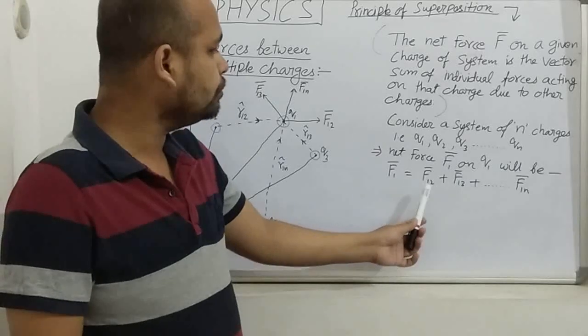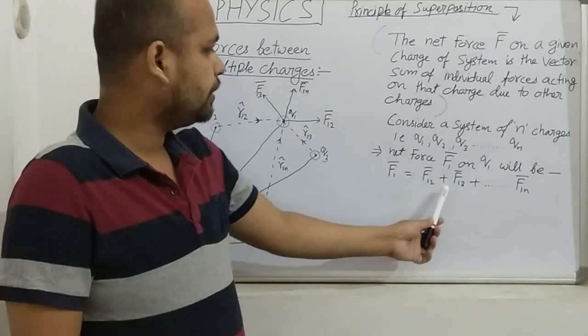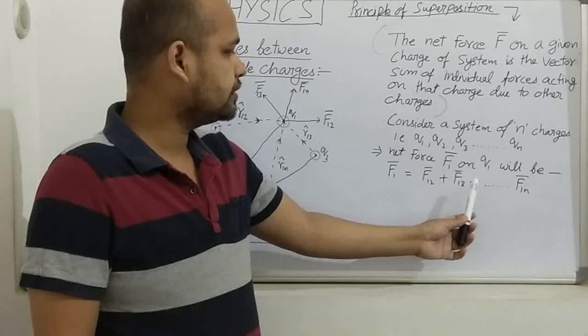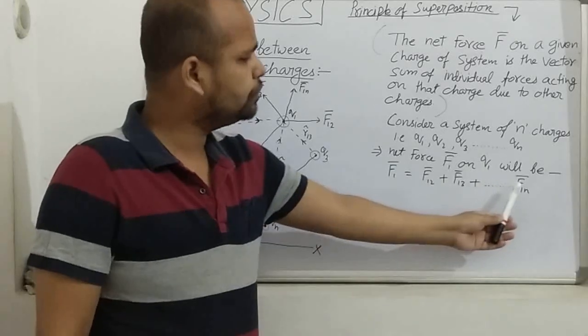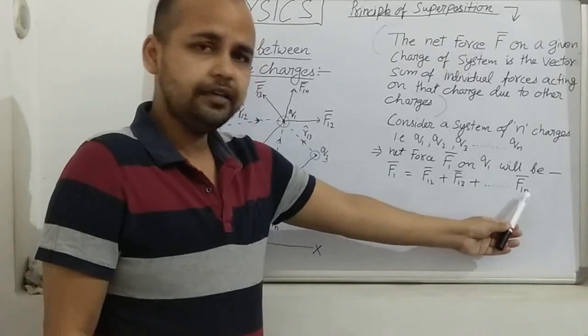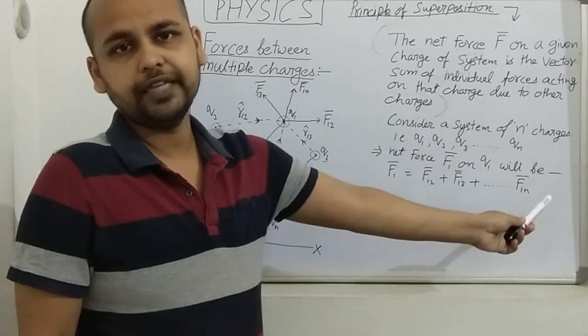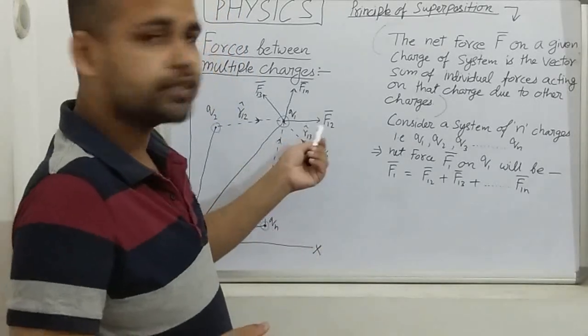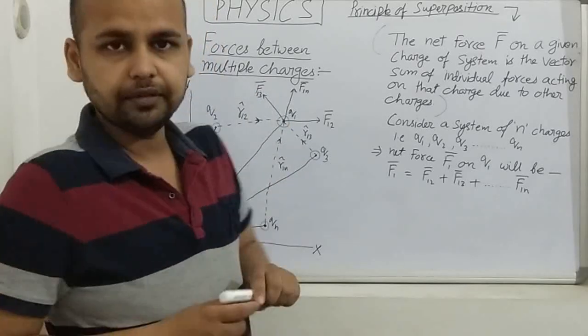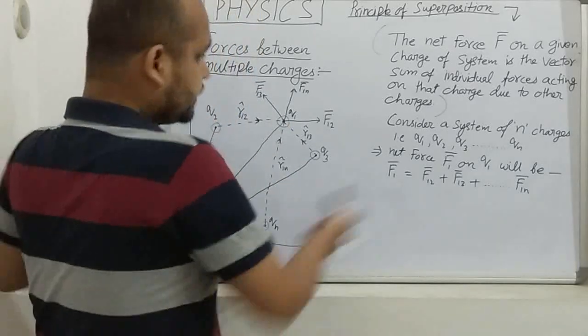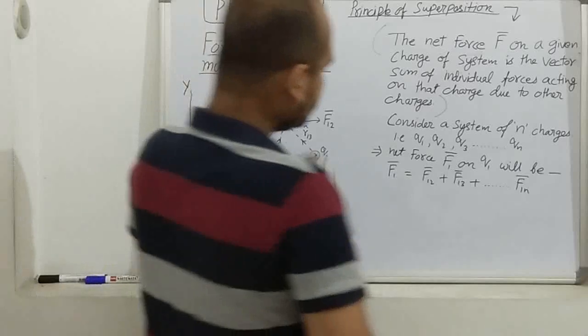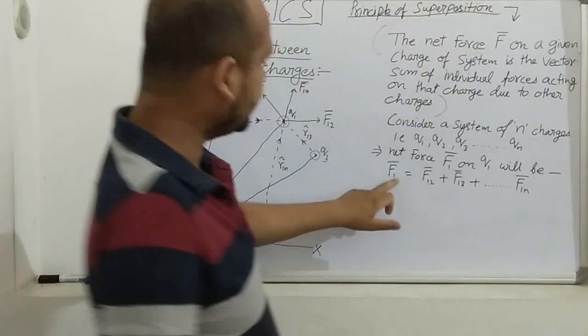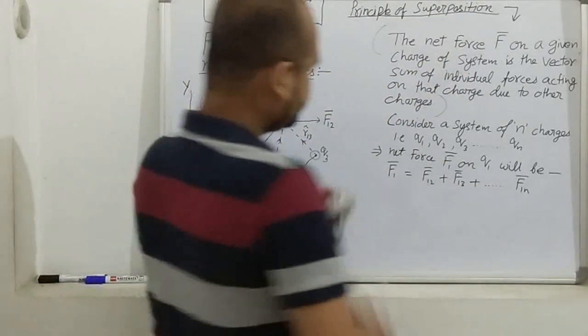So it will be equal to F12 plus F13 plus F14 and up to F1n, taking the vector sum of that. This will give us the net force acting on Q1. Let us proceed further. We are going to find the net force F1.